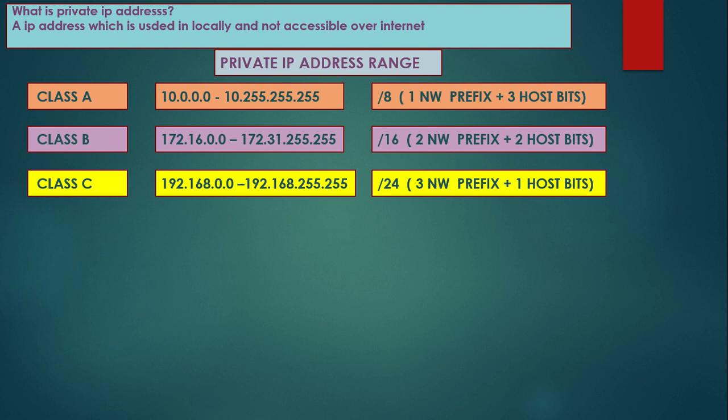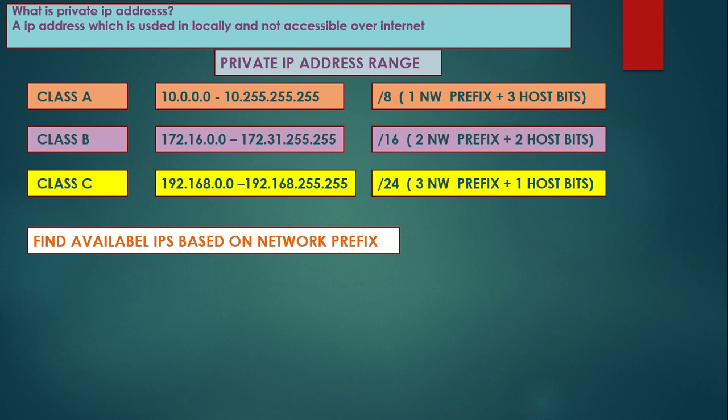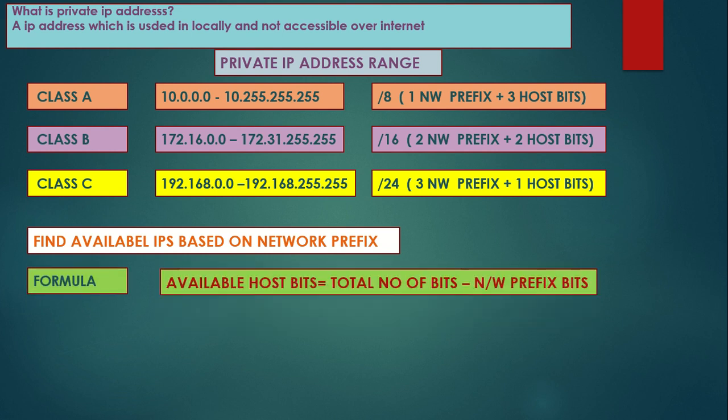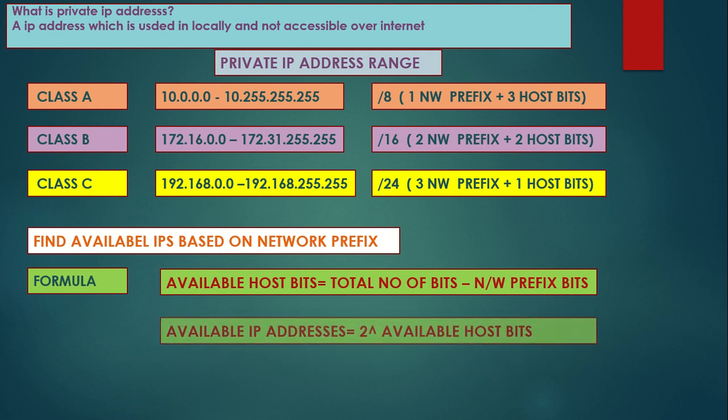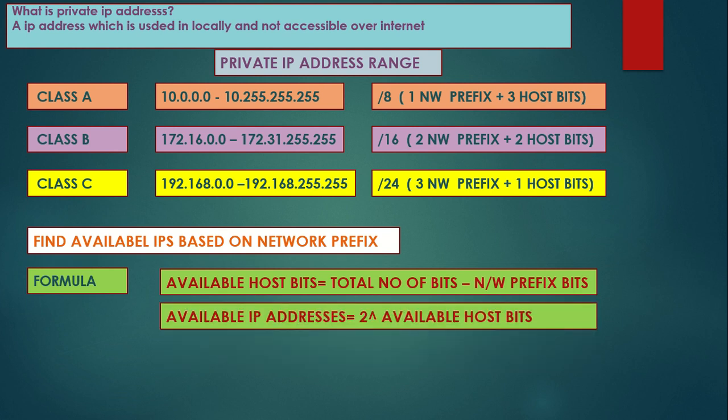So if you want to find the number of IP addresses based on the network prefix, we have a formula. The total available host bits is equal to the total number of bits minus the network prefix bits. Based on the available host bits, we can find the available IP addresses. The available IP addresses is 2 to the power of the available host bits. For example, 192.168.0.0/16.